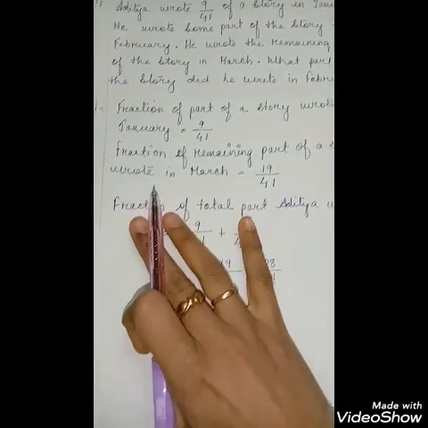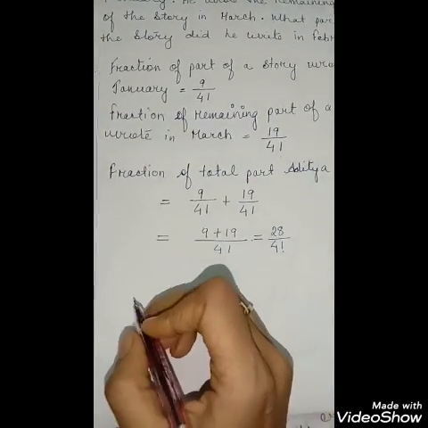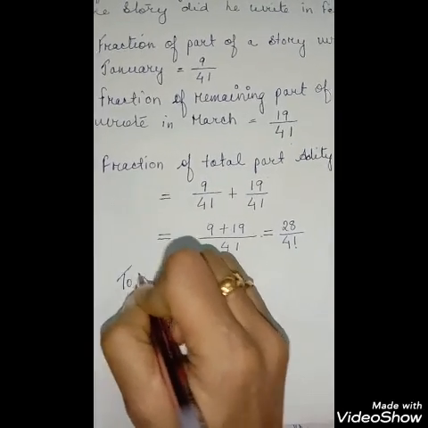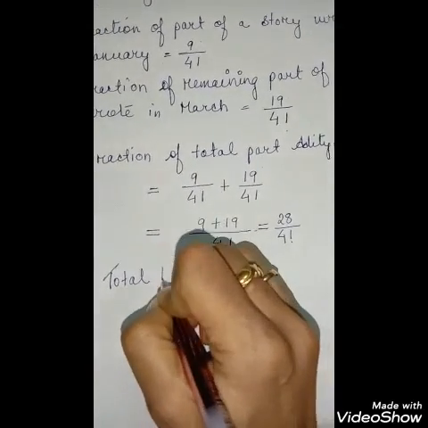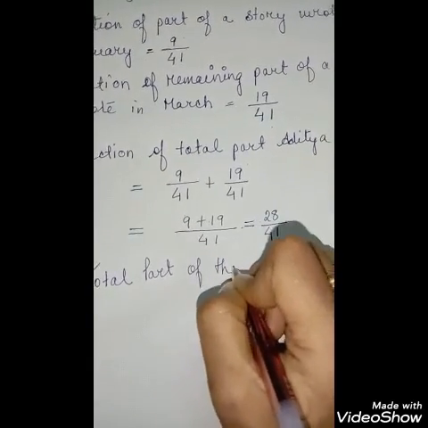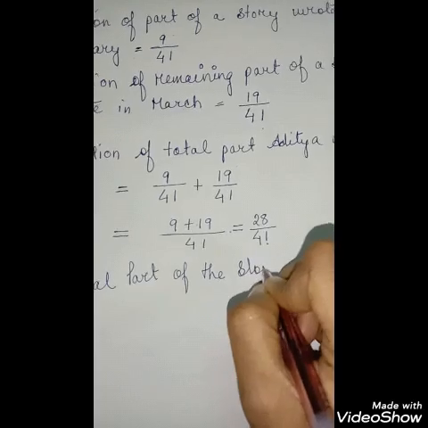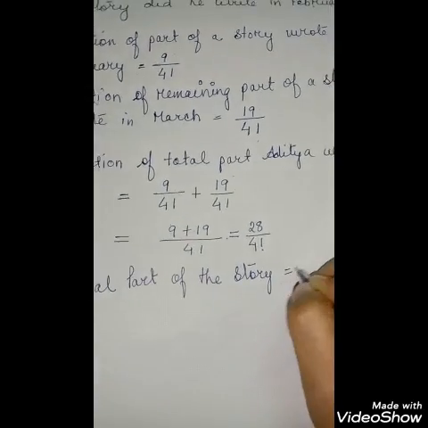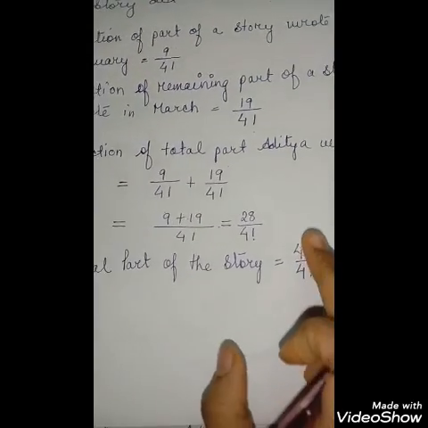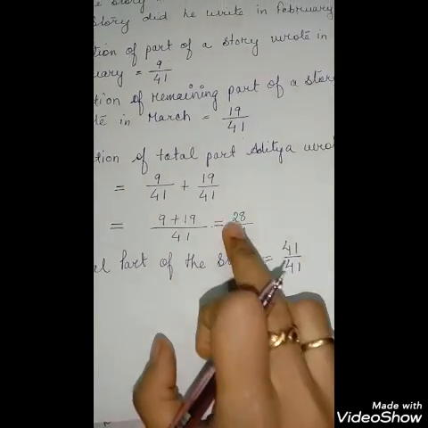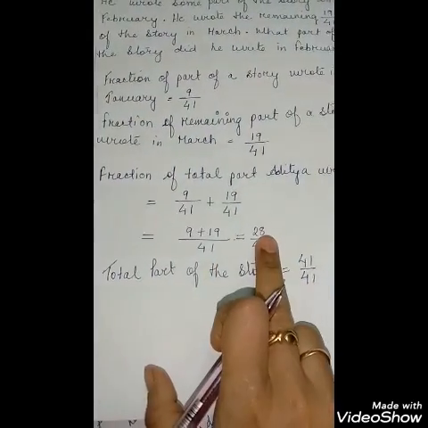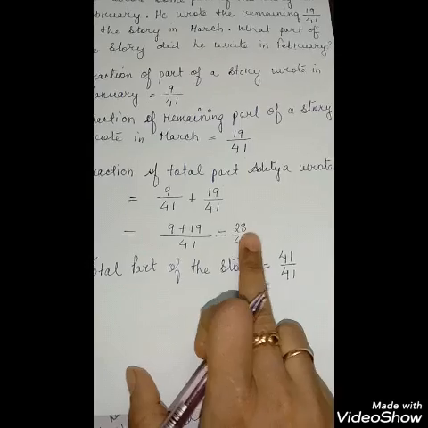Now we have to find out what part of the story he wrote in February. How are we going to find it, children? The total part of the story will be how much? 41/41. It's a whole. Out of this, the part he wrote in January and March is the 28/41 we already calculated.